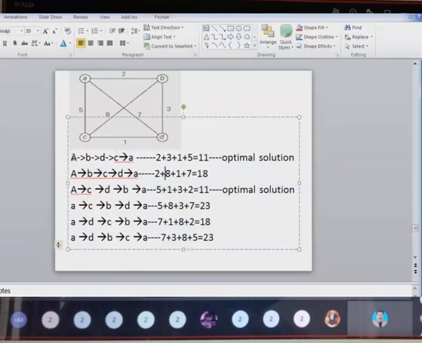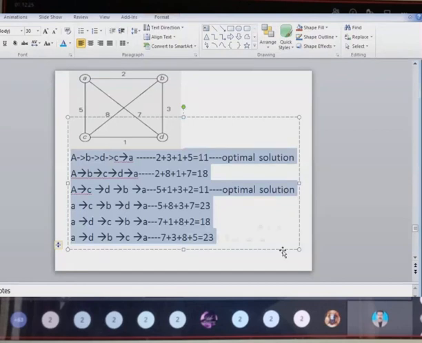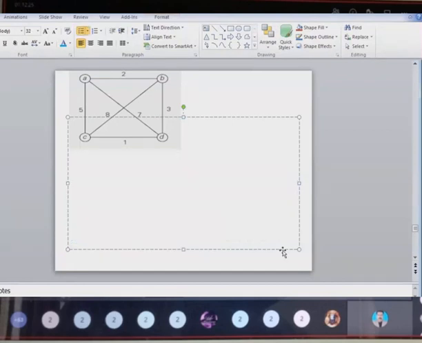Now we are going to find the distance. Initially, the person starts at A. What is the next path? I'll explain the first path. A is the source.